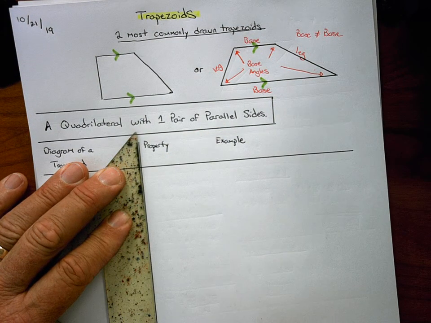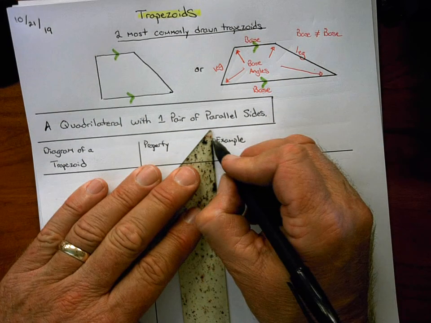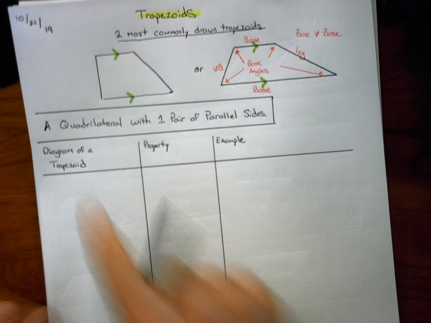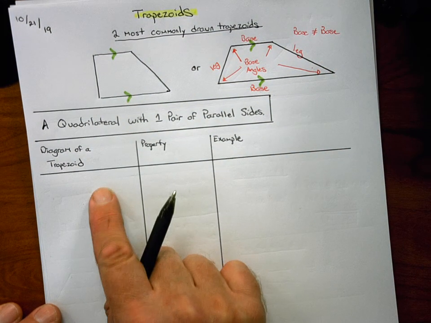So this is what our notes will look like. We'll have 3 columns, and we'll always draw a diagram, a picture.